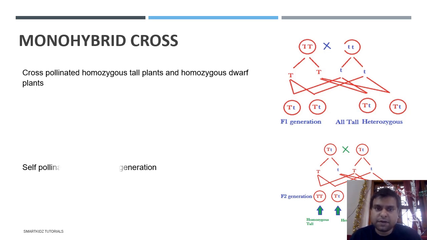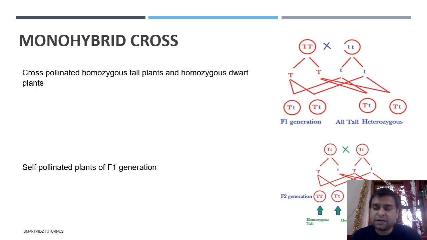So during a cross between homozygous tall plants and homozygous dwarf plants, the F1 generation gives us all tall plants, but they are all heterozygous dominant. That means it has a combination of capital T and small t in all its genotypes.